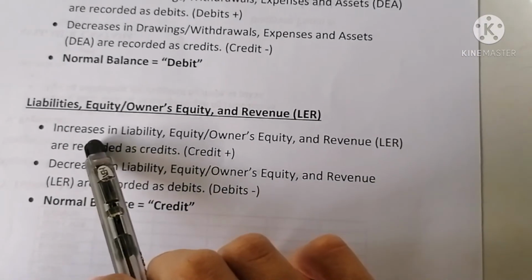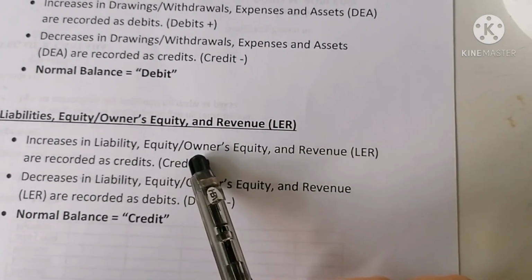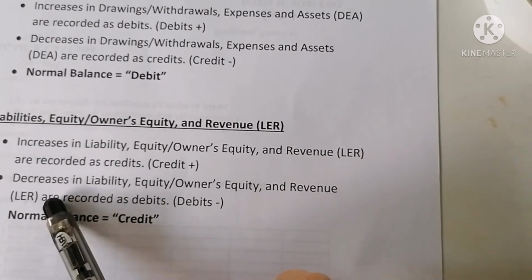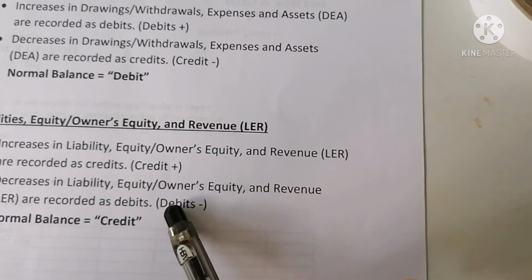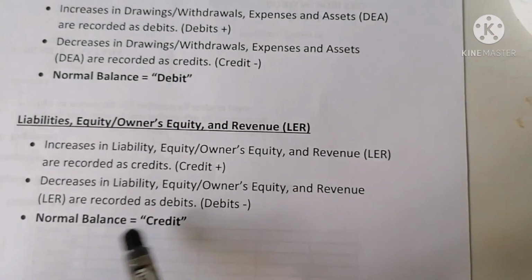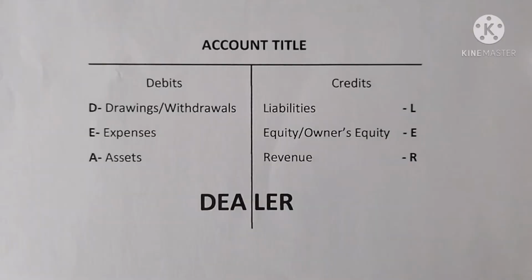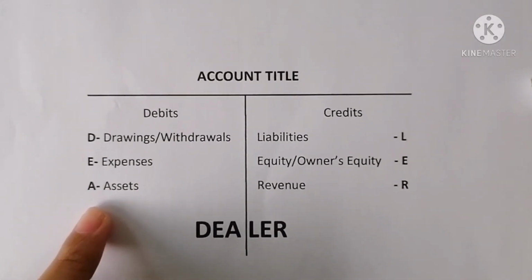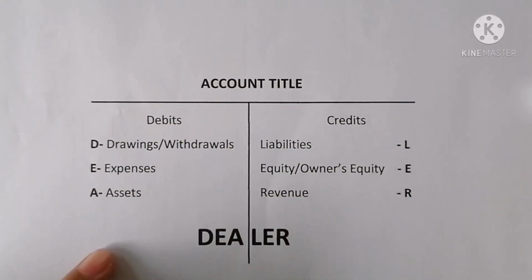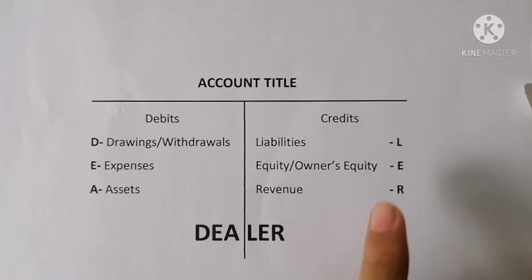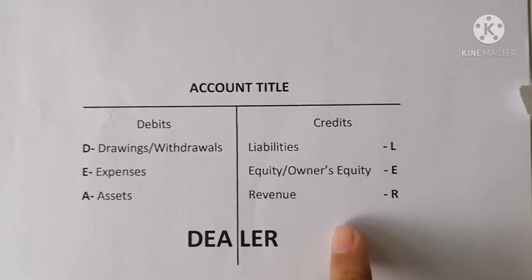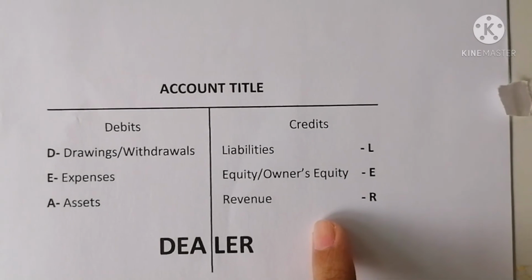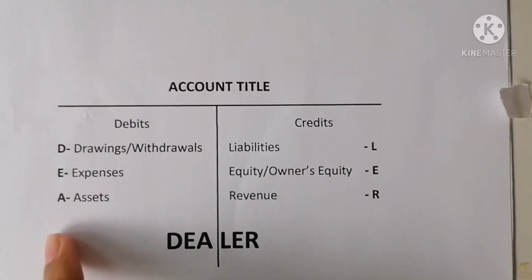So, increases in liability, equity, and revenue are recorded as credits, while the decreases are recorded as debits. Therefore, every increase in the debit accounts will be recorded as debits, while every decrease will be recorded as credits. In the credit accounts, every increase will be recorded as credits, while the decreases will be recorded as debits.